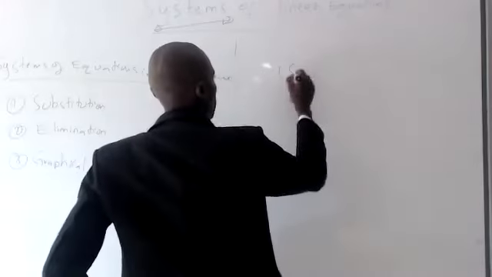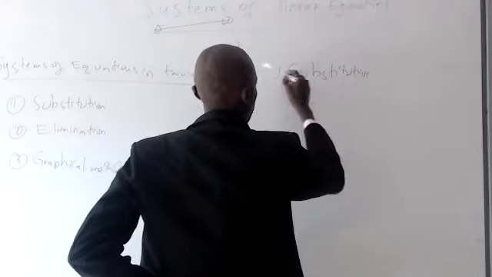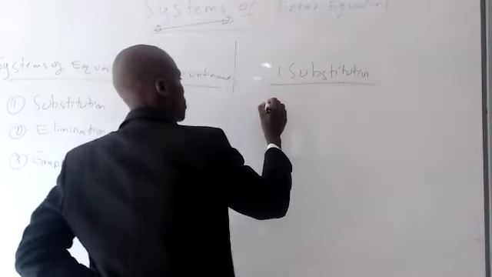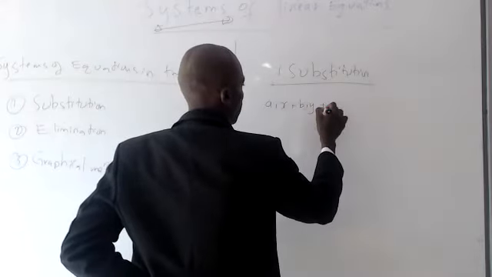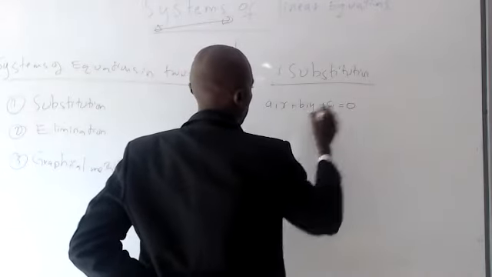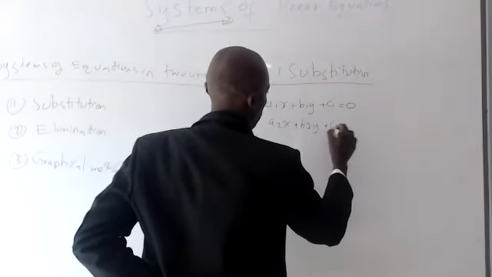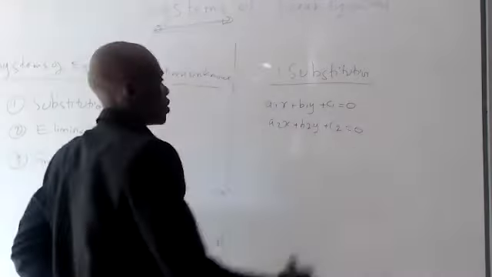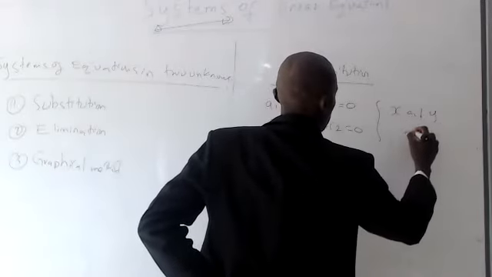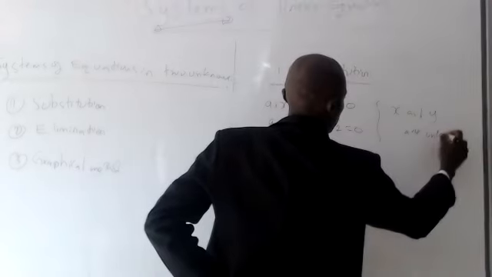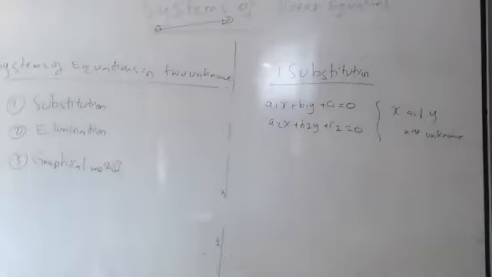The first method is substitution. In general, suppose you want to solve a system of the form a1x plus b1y plus c1 equals 0, a2x plus b2y plus c2 equals 0. In this system, x and y are unknowns, and you want to use the method of substitution.